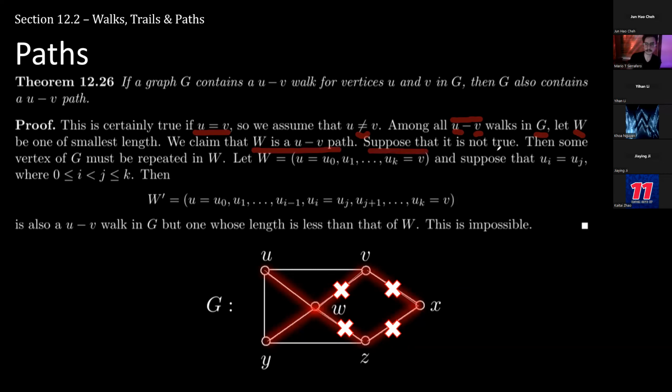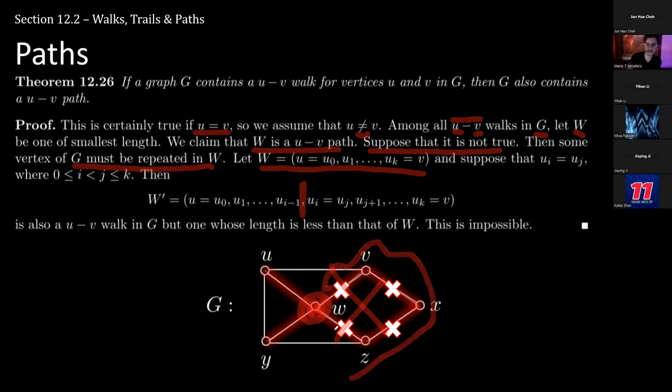Now, suppose that it is not true, because if it is a path, then we're done. Then some vertex of G must be repeated in W. In our fish, it was actually lowercase w. So then what we can do is make a new walk where we cut out all that part. We're writing down the walk, and then cutting out the part in which we repeat, where we start traversing and then we go back.